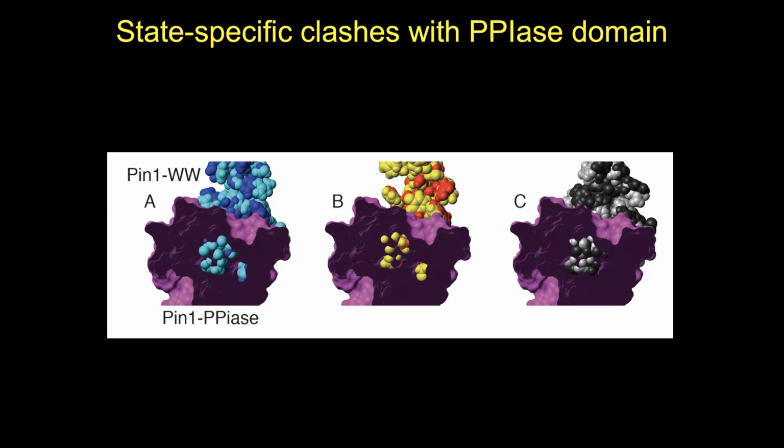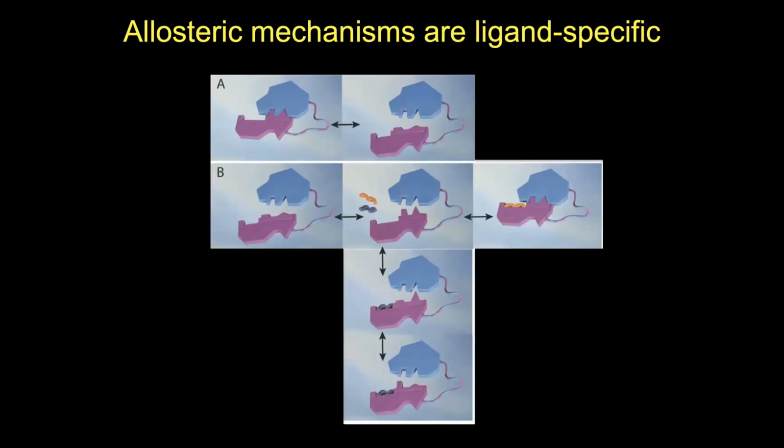So with that, we were actually able to show a very interesting allosteric mechanism. Just to show this in a very simple picture, we have either open or closed states in the apoform. The purple shape here is the WW domain, and the blue one is the PPIase domain. Now what happens if we add the ligand?